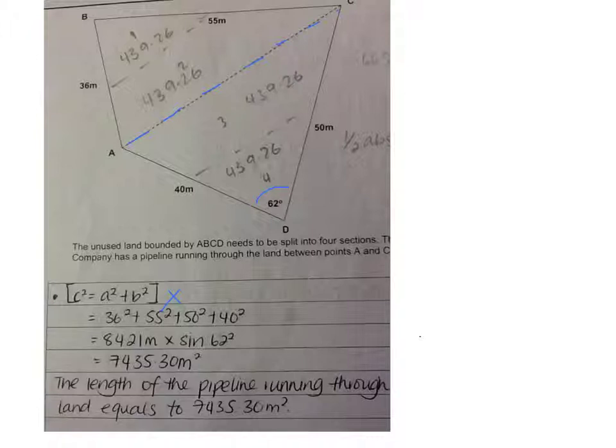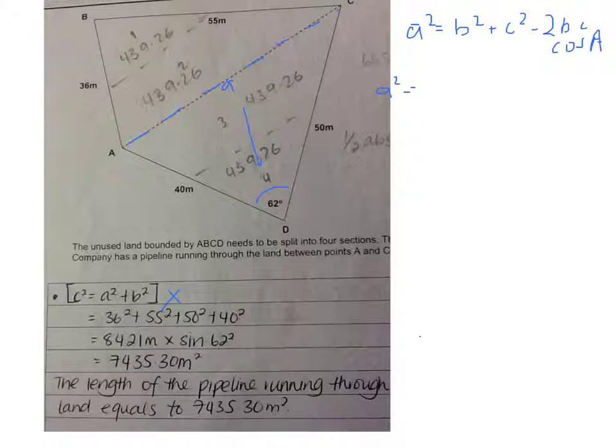And our cosine rule: a squared equals b squared plus c squared minus 2bc cos A. So when we're using this rule to find the length of the pipeline, you're going to have a squared equals, and our a is always opposite the angle, so this one would be a because it's opposite our angle 62 degrees.